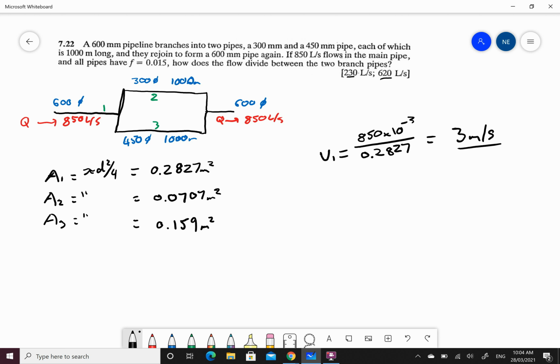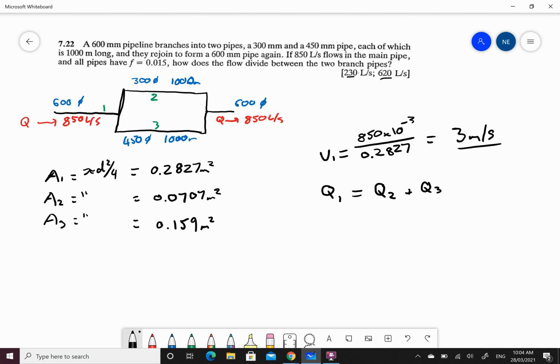Now, what do I know? From my continuity equation, my Q1, my flow going in, is equal to my flow in pipe 2 plus my flow in pipe 3. That's something that we know.